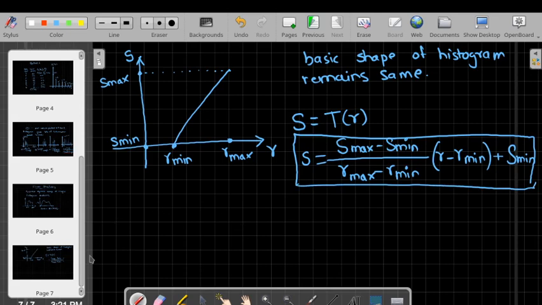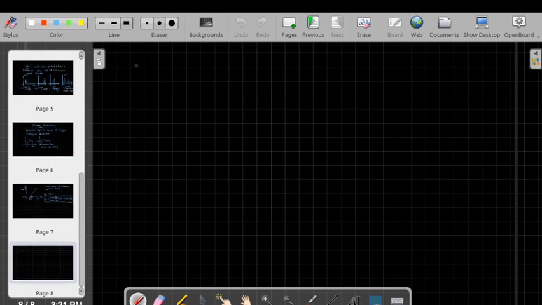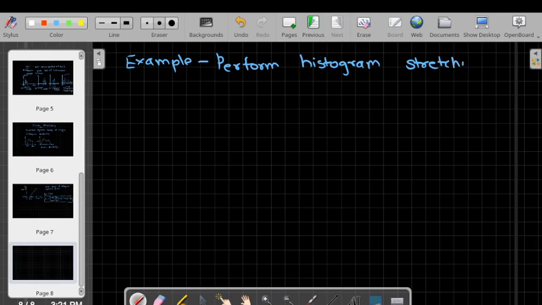Now we'll solve one example based on this linear stretching. Let's perform histogram stretching. For that, let's consider one table like this.